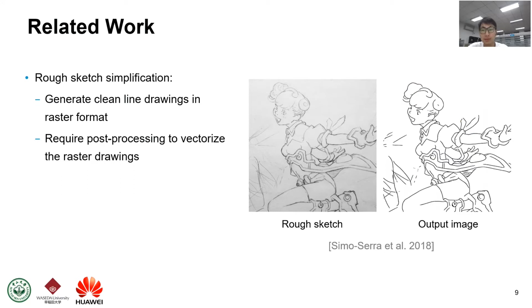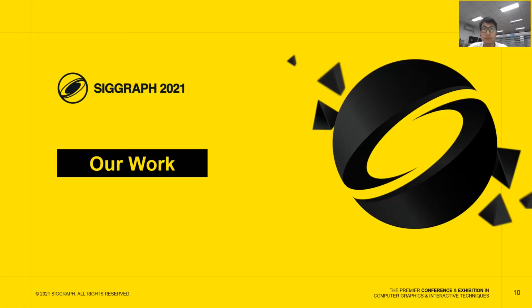In most cases, it is not clean line drawings, but rough sketches that need to be cleaned up and vectorized. Rough sketch simplification methods are able to generate clean line raster drawings, but they require post-processing to convert the resulting line drawings to a vector image.